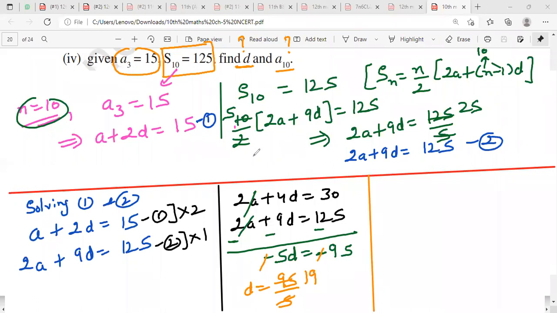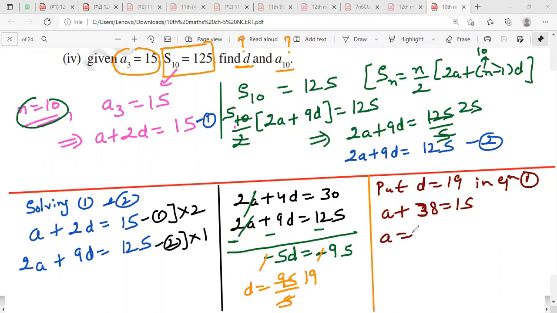Now put the value of D in equation 1. What we will have? A plus 19 times 2, that is 38, equal to 15. A plus 38 equal to 15. Can I say that A is equal to 15 minus 38?